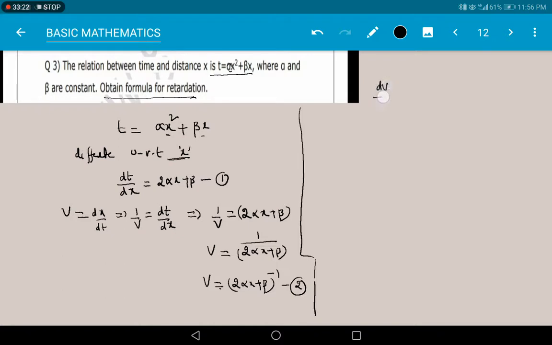So dv by dt, d by dt of (2 alpha x plus beta) power minus 1. It is like the earlier one.